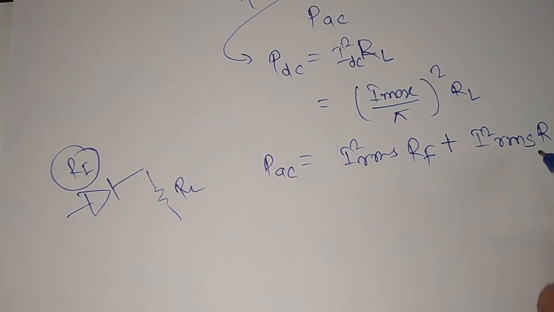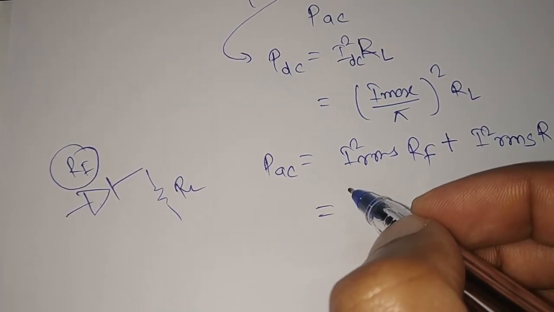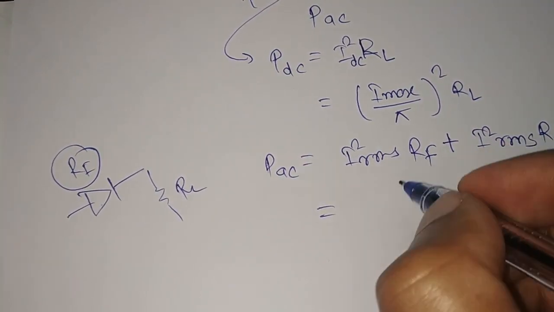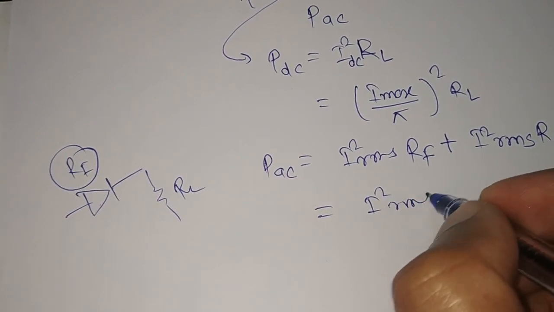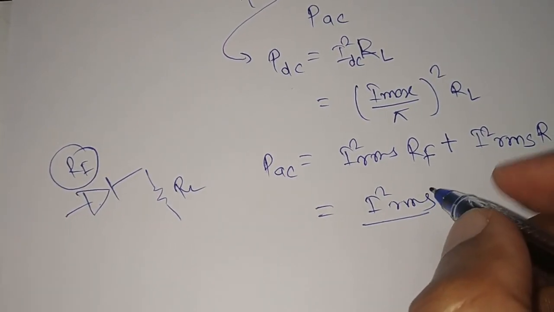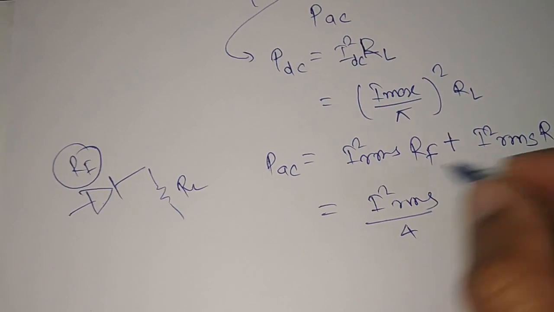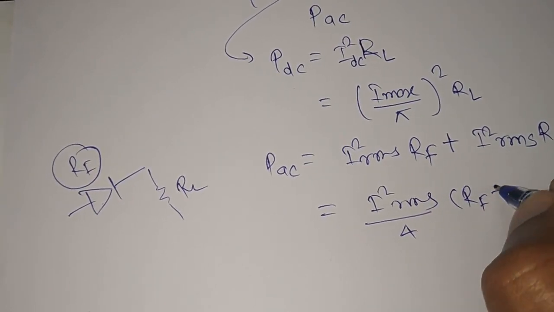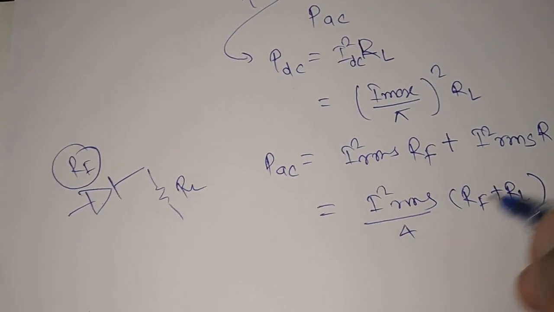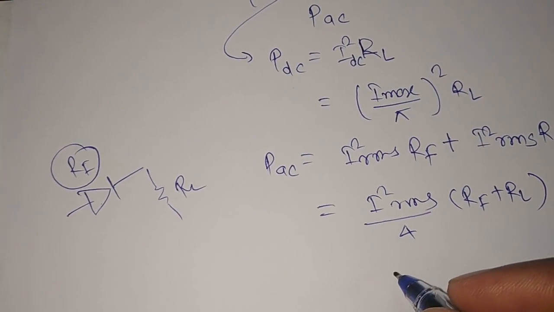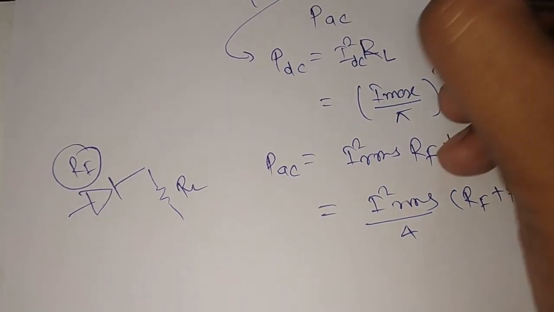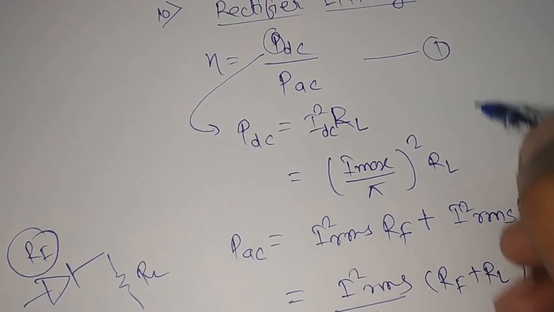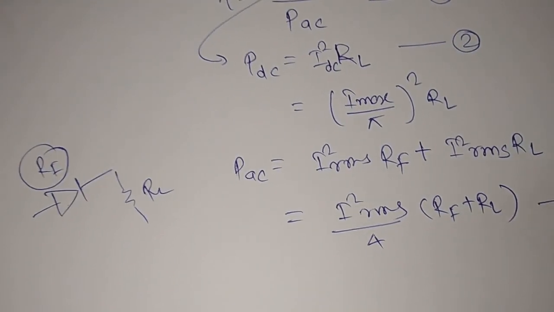So if we keep the IRMS values and solve this, we get I square max by 4 and addition of these two resistors, RF plus RL. So say this is expression 1 here, this one is 2 and this one is 3.